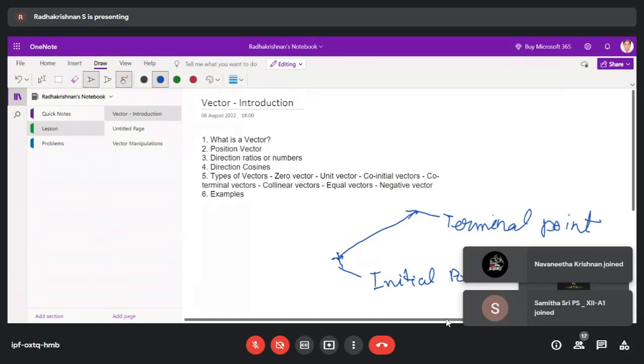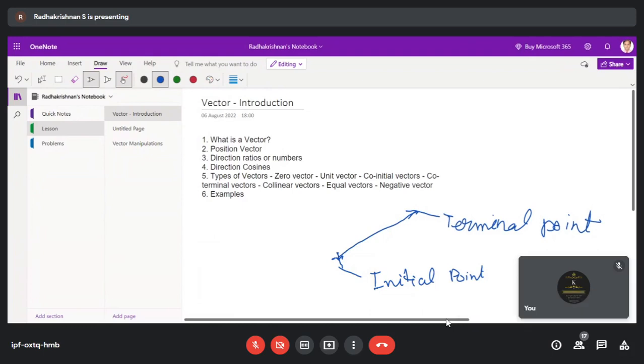Okay, for a position vector we simply move this vector so that the initial point becomes origin. Okay, 0, 0, 0. So it can be in 3 dimensions. Okay, since it's a directed line, it can be in 3 dimensions.